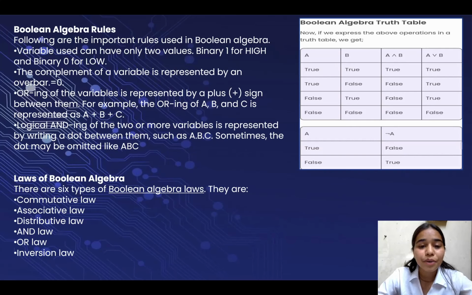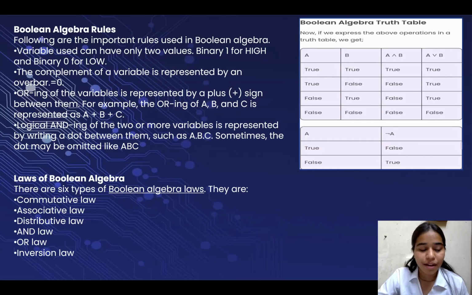For example, the OR of A, B and C is represented as A plus B plus C. Logic AND for two or more variables is represented by putting a dot between them, such as A dot B dot C. Sometimes the dot may be omitted, like ABC.